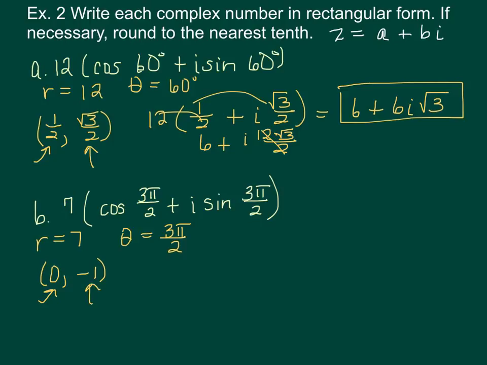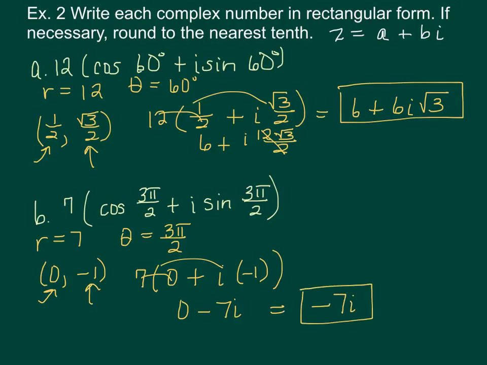So plugging in those exact values, I'm going to get 7 times cosine 3 pi over 2, which is 0, plus I times sine of 3 pi over 2, which is -1. I'm going to distribute the 7, and I get 0 minus 7i, which just gives me -7i. And that's it.